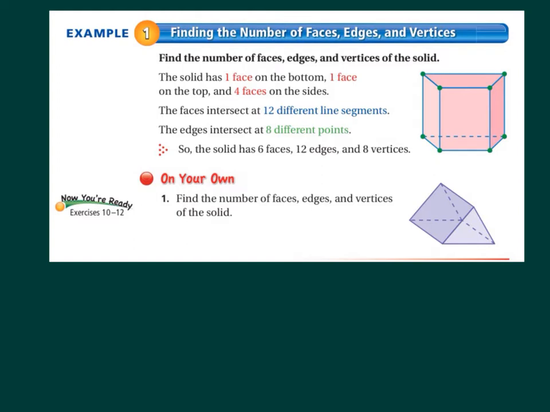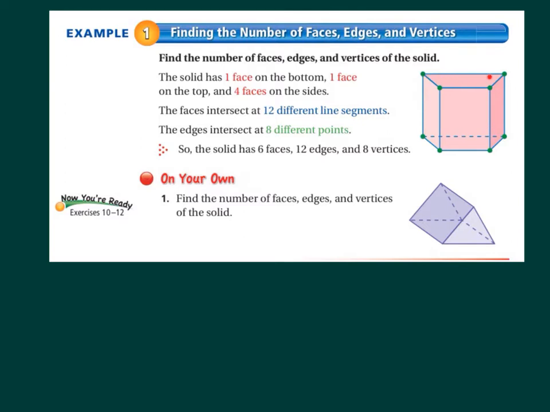So example 1 here, again, it just says find the number of faces, edges, and vertices of the solid. So what you will do is find the number of faces and write that out. If I look here, this top side right here is a face, and then opposite it would be this bottom, that big bottom square. All of that is a face. So there's 2.